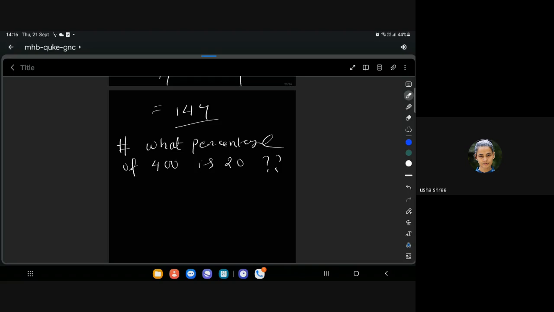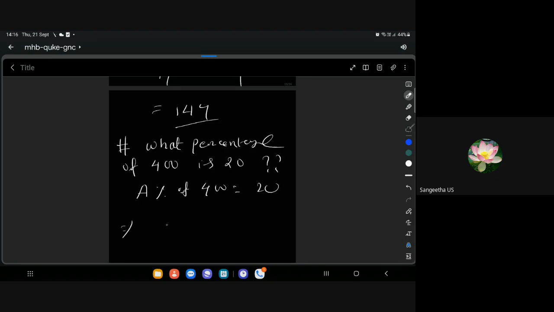Very simple question. Suppose the percentage is a. a percent of 400 is equal to 20.